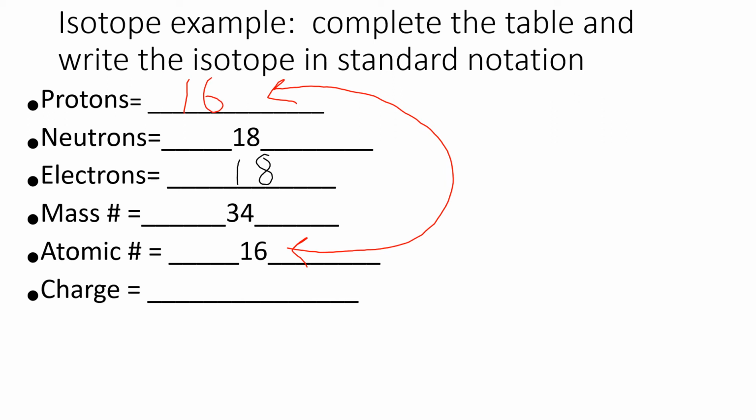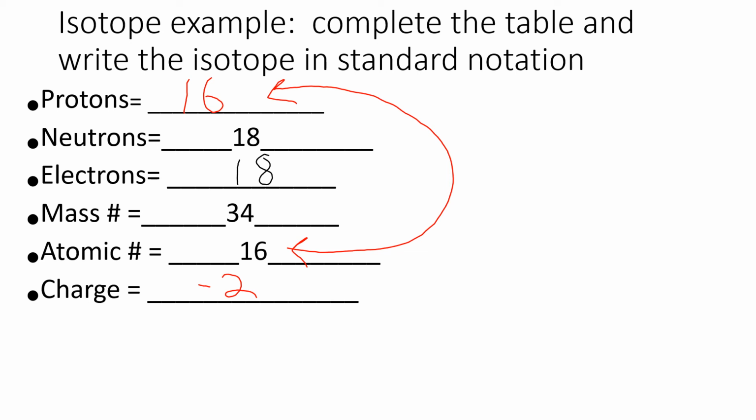You could use the mass number and the number of neutrons to figure out the number of protons as well. So let's go for the charge. Remember, our charge is our balance between our protons and our electrons. We have 2 more electrons than protons, so that would be a -2 charge. So now we finished off what's in the table.